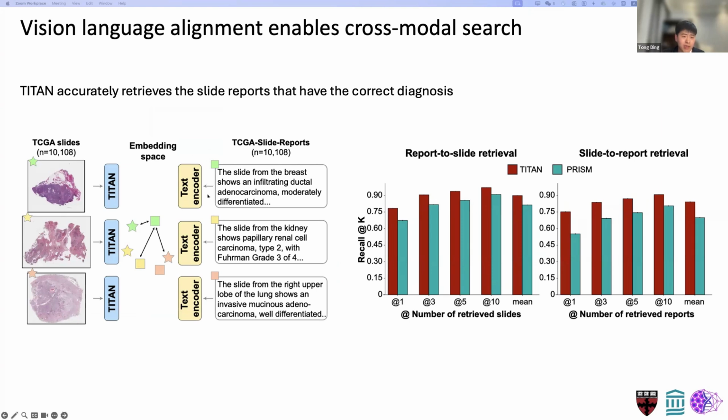We embed the slide level reports using our text encoder, and we embed the slide using our Titan slide encoder, and then we perform retrieval in this shared vision language space, and we show that Titan can accurately retrieve the report that has the correct diagnosis and demonstrates better performance as compared to other models.